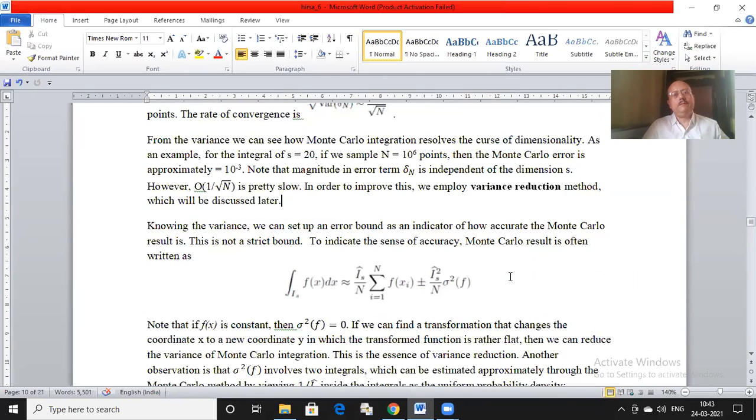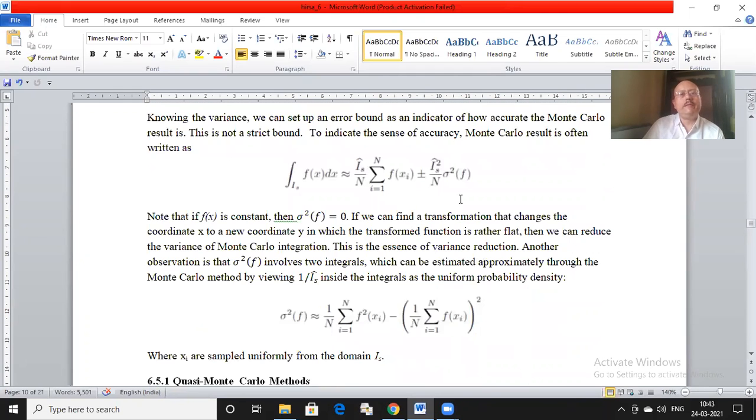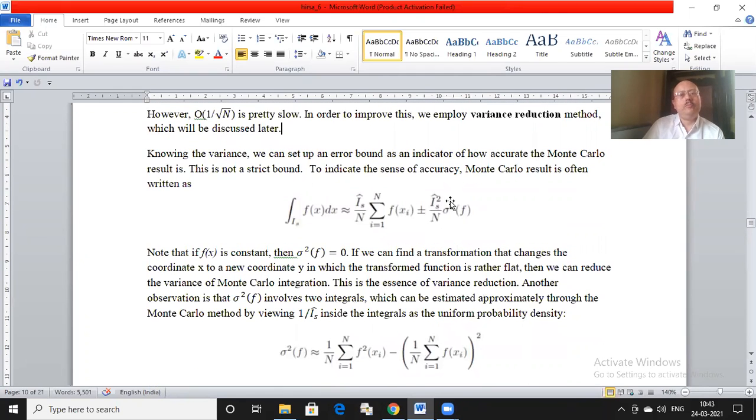This is not the traditional way of writing plus or minus some alpha critical level times the standard error. This is just a rudimentary way of indicating how much the variance is, so how much in general we might be expected to deviate on the left or on the right.